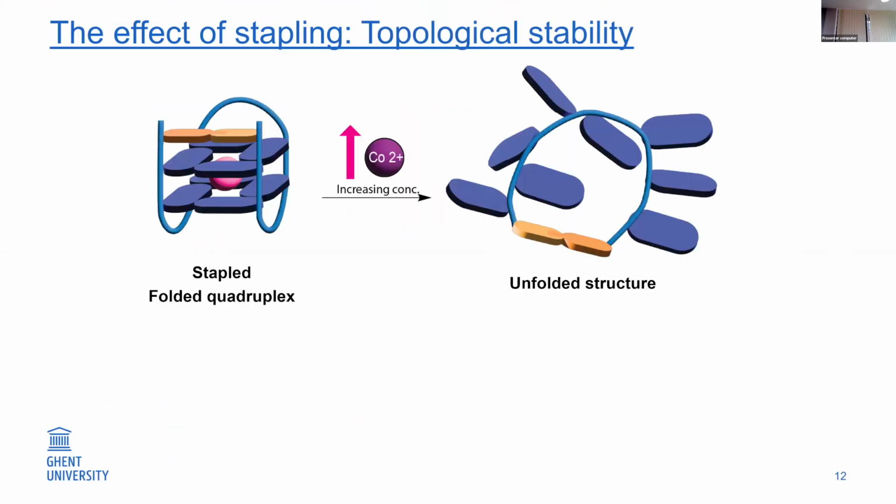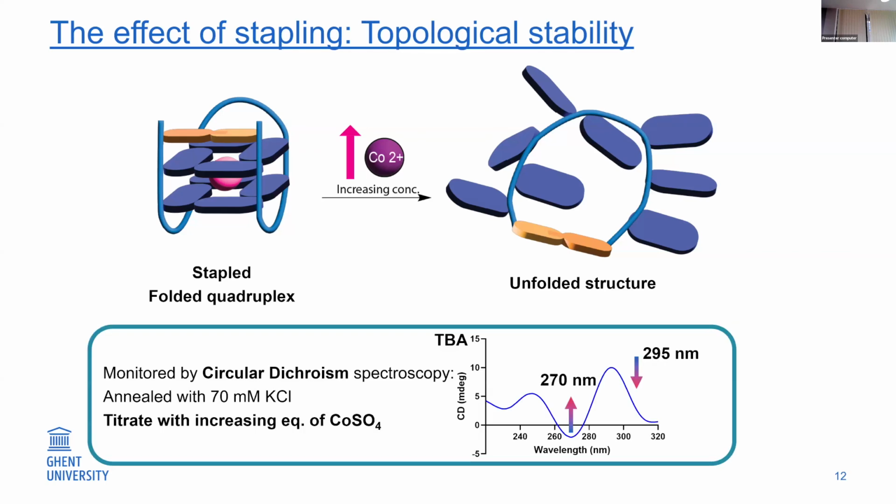We also came up with another experiment which allows us to follow the topological stability of our molecule, which is basically adding cobalt or another disruptor of the quadruplex structure, which can be easily monitored by CD spectroscopy. So we titrate our solution, we follow the CD, and we see that the characteristic peaks of the G-quadruplex diminish over the addition.